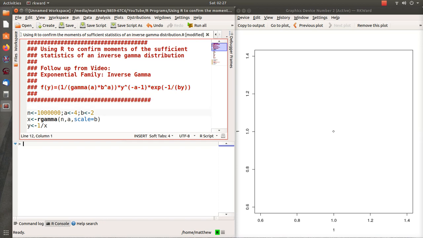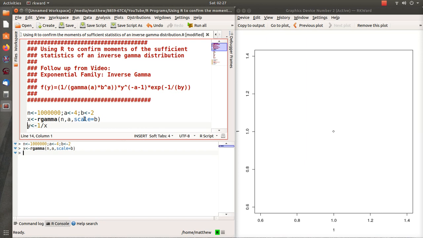Here we're going to generate a sample size of 1 million, alpha 4, beta 2, because we can. The results would be much more accurate with the million, although if you used much less, it would also still be pretty good. So one way to do an inverse gamma is to generate a gamma distribution with alpha and beta.